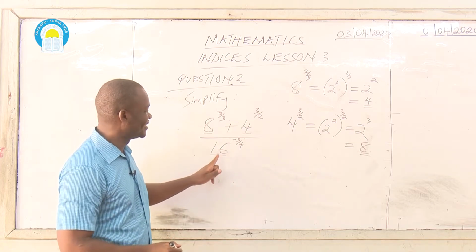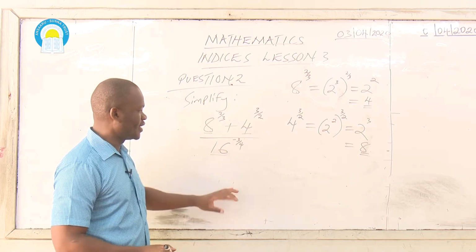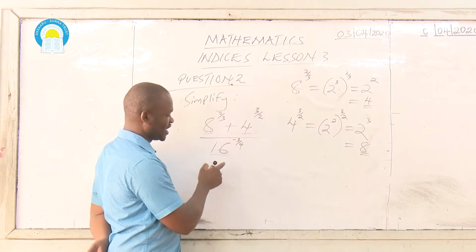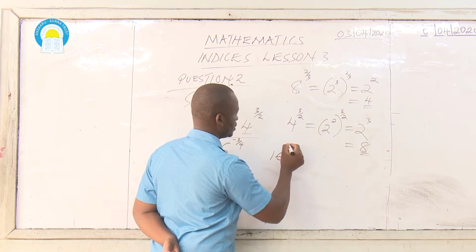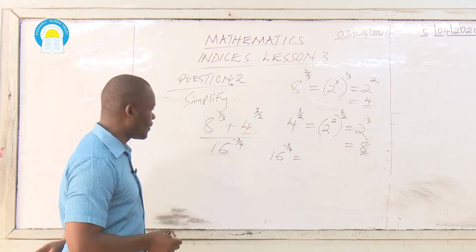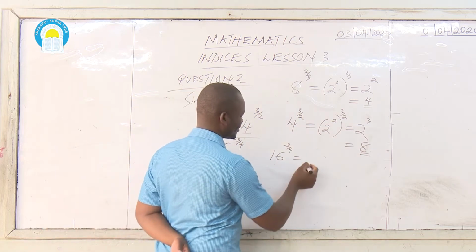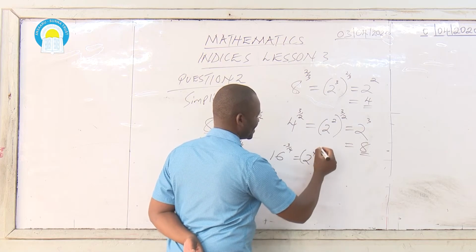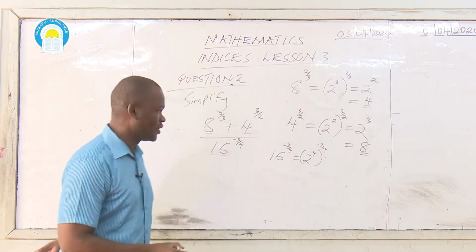We have 16 raised to power negative 3 over 4. So how do you approach this? I'm going to change 16 and have it in index form. So 16 would be, of course, 2 to power 4 raised to power negative 3 over 4.